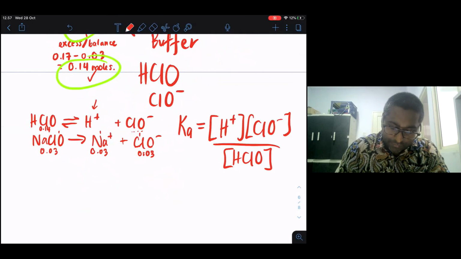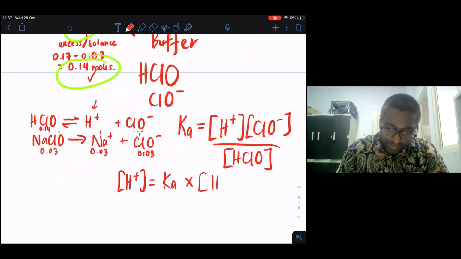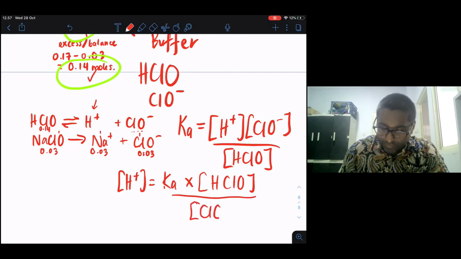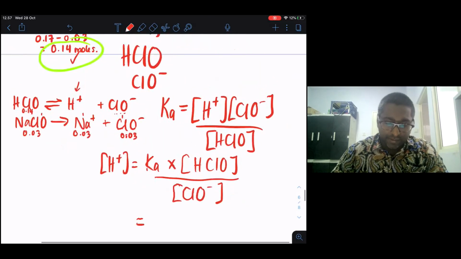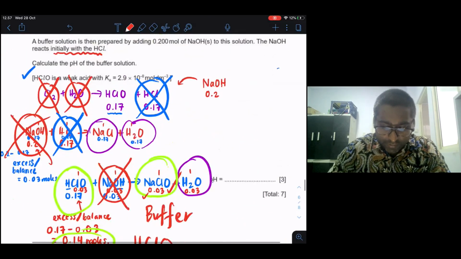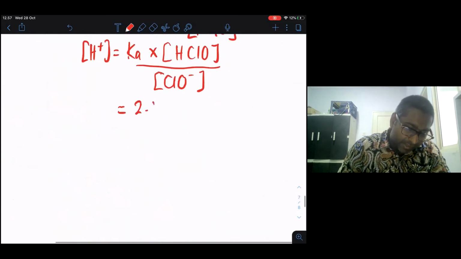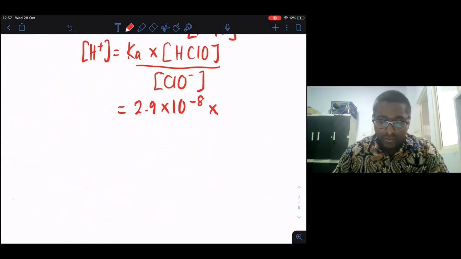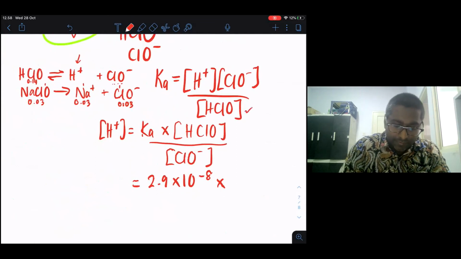So the concentration of H plus is going to be Ka times the concentration of HClO divided by the concentration of ClO minus. The Ka value is given: 2.9 times 10 negative 8. So I just need to put 2.9 times 10 negative 8 times HClO. HClO is going to be the initial part over here.